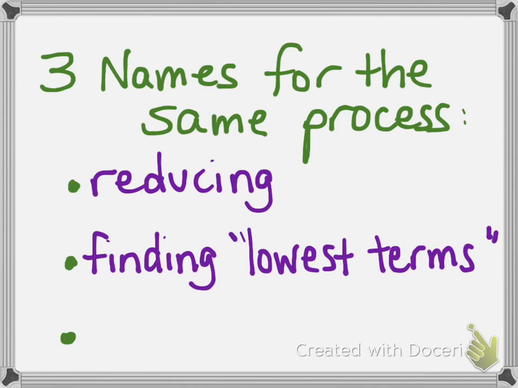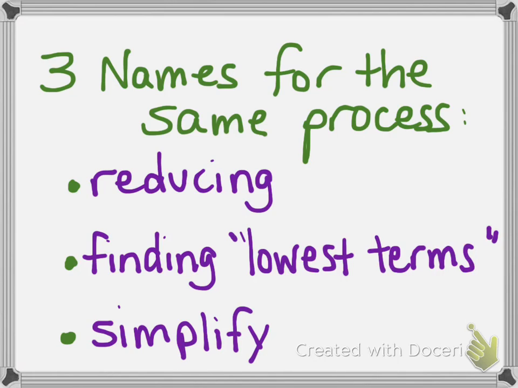And then finally, you'll hear the word, as you just did, simplifying your fraction. Simplify your fraction. So again, three names for the same process: reducing, finding lowest terms, or just simply simplify.